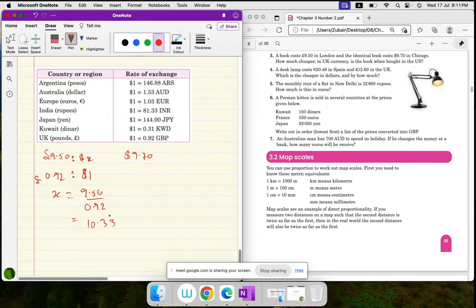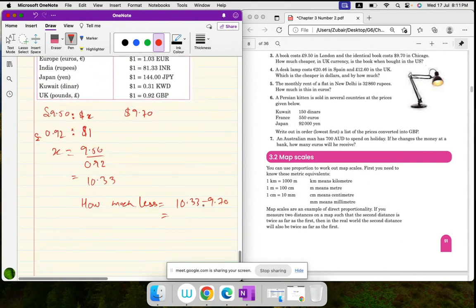I'm writing 10.33. So how much less when we buy it in US is 10.33 minus 9.70, which is 0.63. Yes, sir.